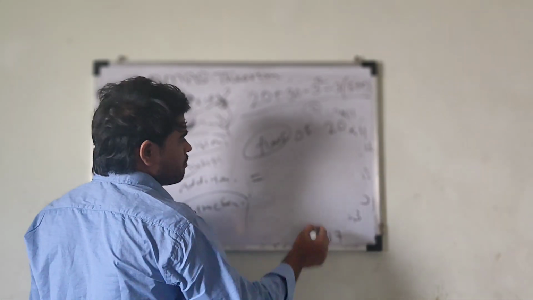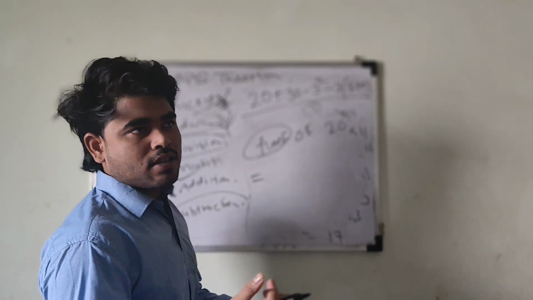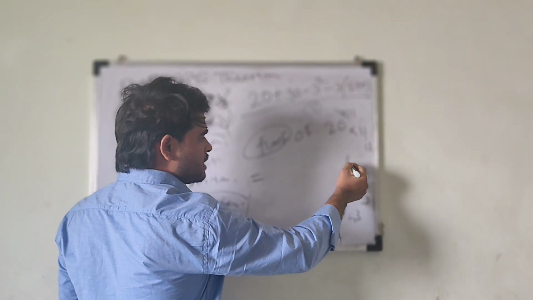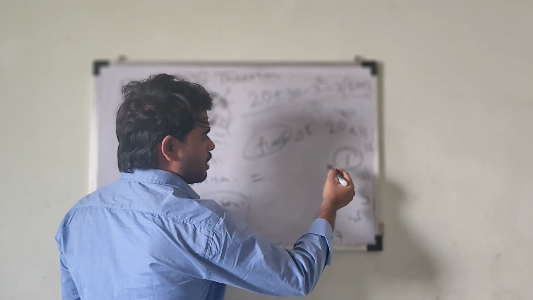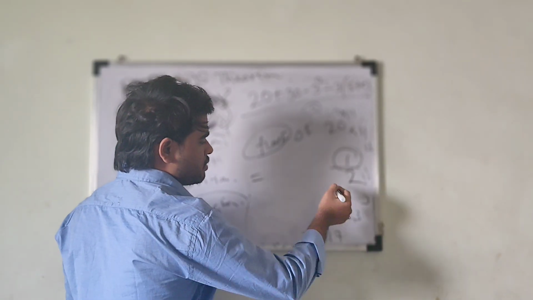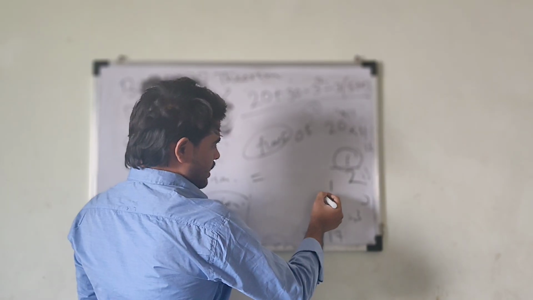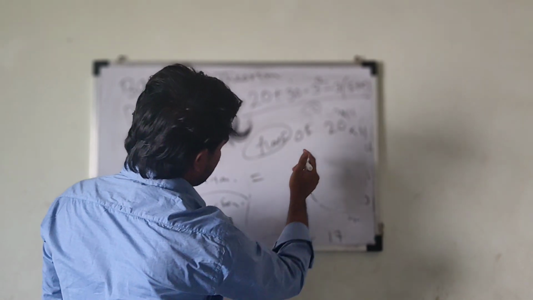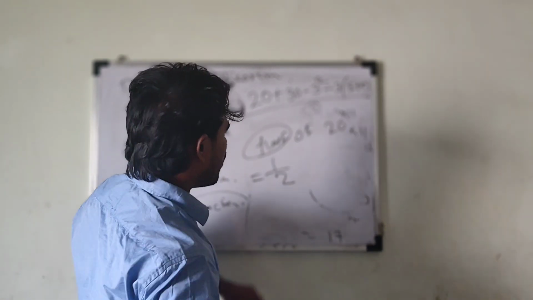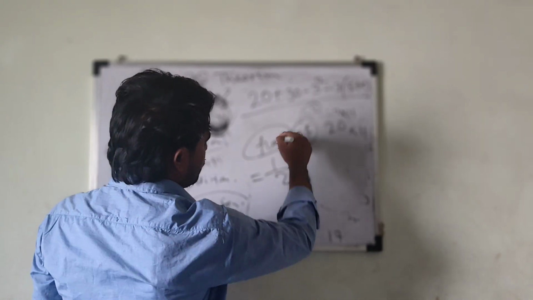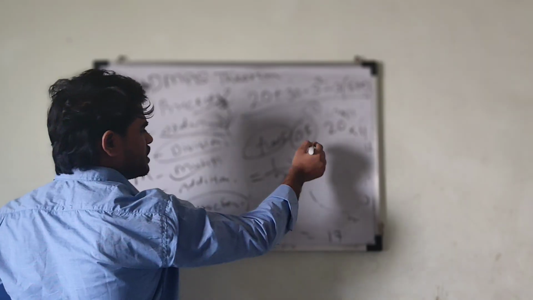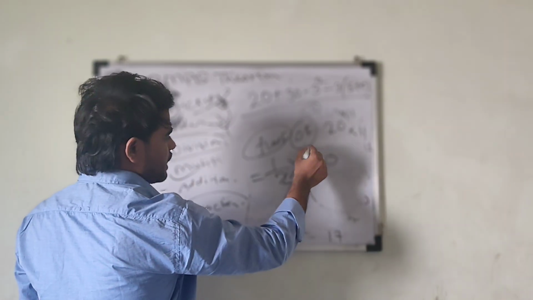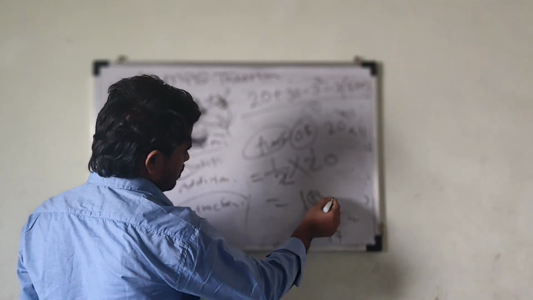Half means 1 by 2 in maths. So half of 20 is 1 by 2 and 'of'. In the portion of 'of' we use multiplication, because 'of' means multiplication: 1 by 2 times 20, which equals 10.